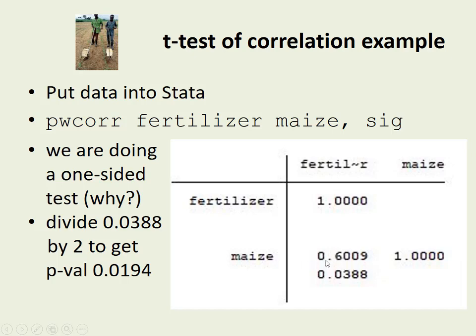If we got a negative value, we would not reject the idea that in the population there's no correlation. So we're only going to reject if we get positives. This probability is the probability of getting a number as big as this, either positive or negative. Because in this test we're only looking for positive, it's half that. So divide that by 2. If you're doing a one-tailed test here, you've got to do that extra work yourself, divide by 2.